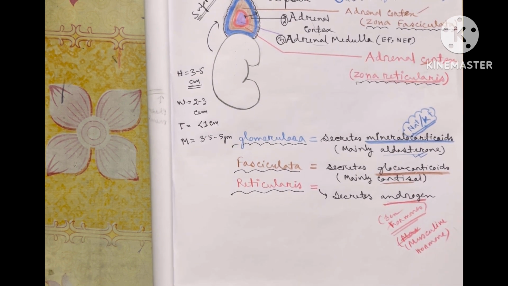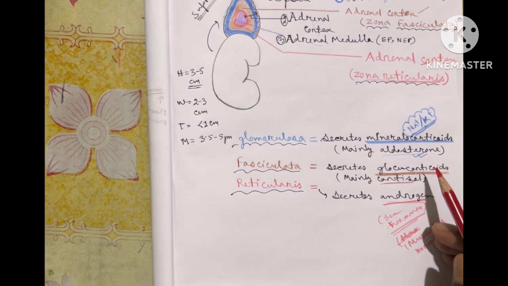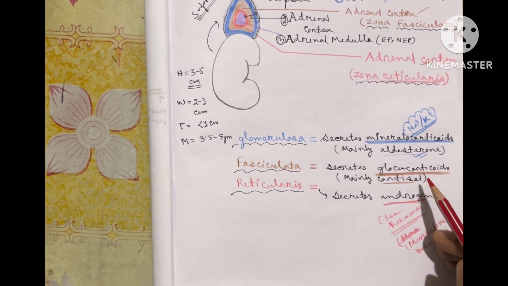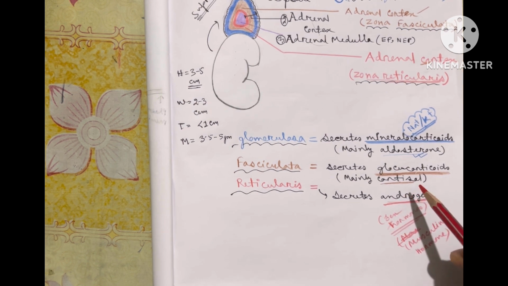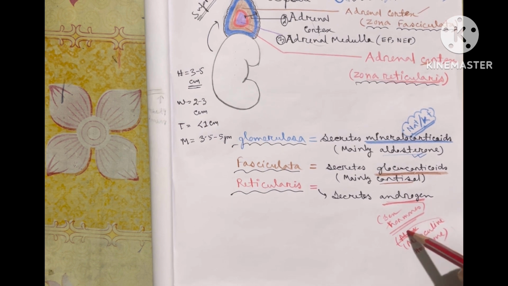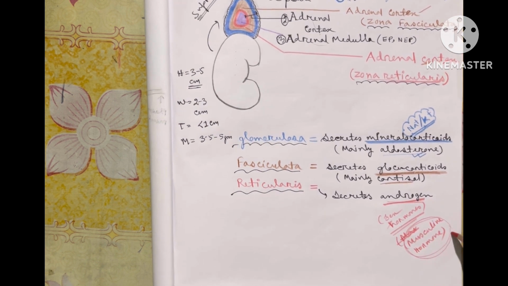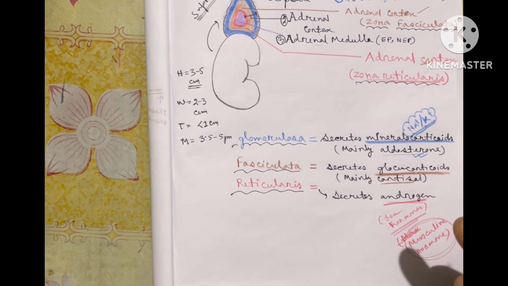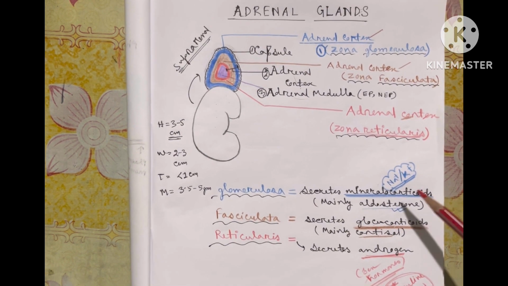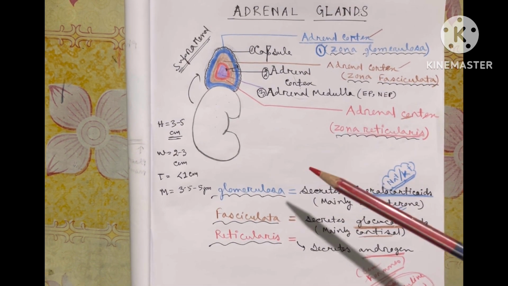Androgen is basically the precursor molecule of testosterone, and it is going to be converted into testosterone. So we can say it's a masculine hormone. Our third layer slightly secretes some testosterone, or male sex hormones. So these are the different types of cells and their secretions associated with the adrenal glands.